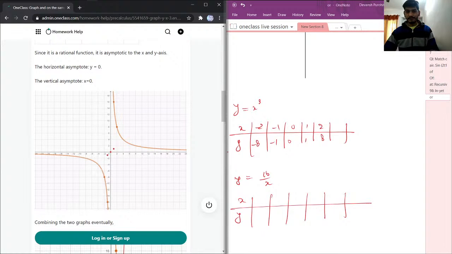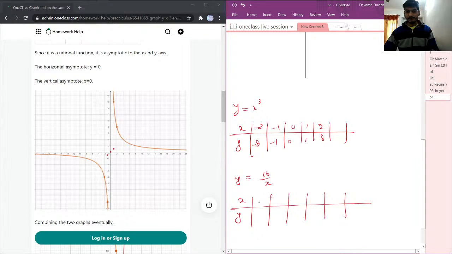So I will just put the value, let's say for -1, we have -16. What are the intercepts they have taken? Then they have chosen y as 16. So x as 1, y will be 16. x as 2, y will be 8.